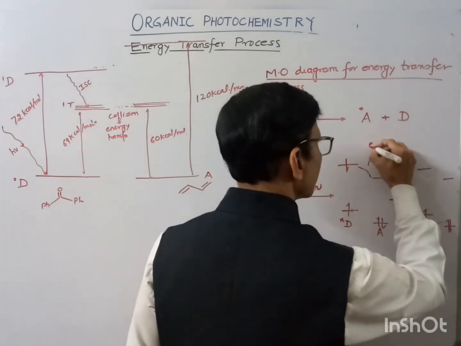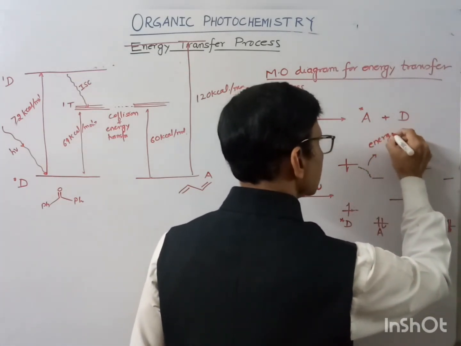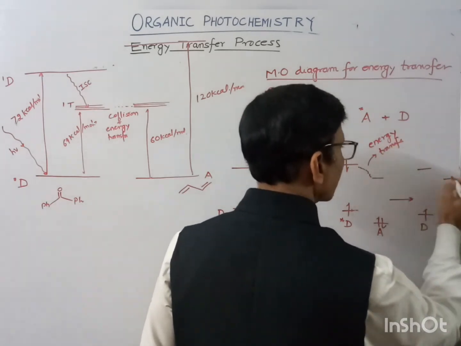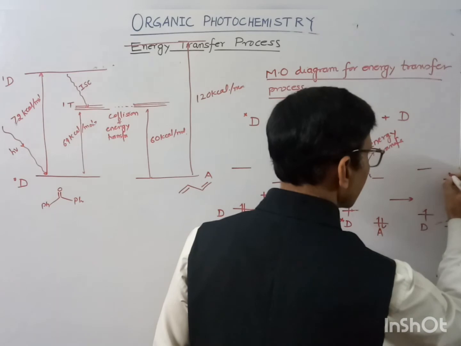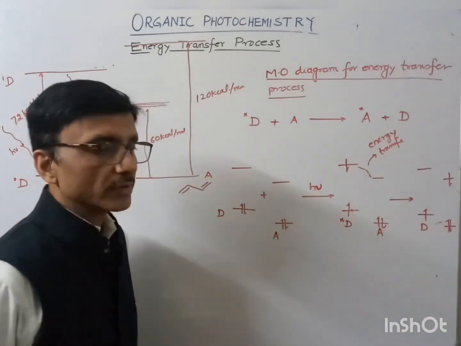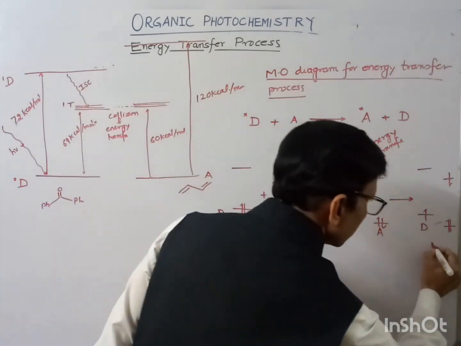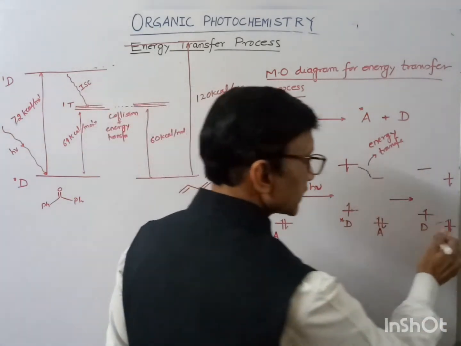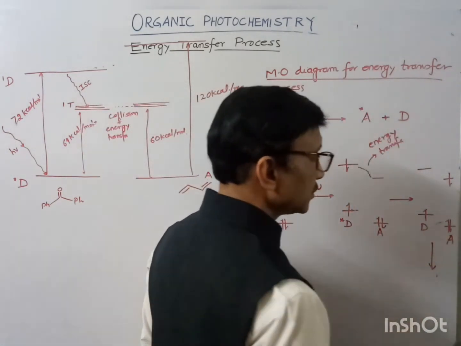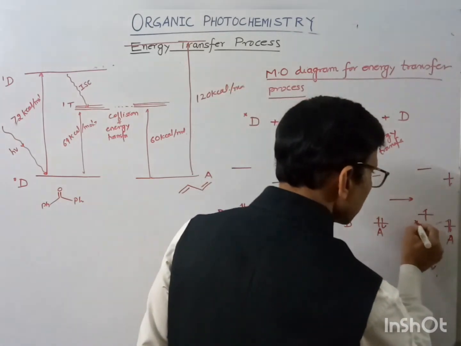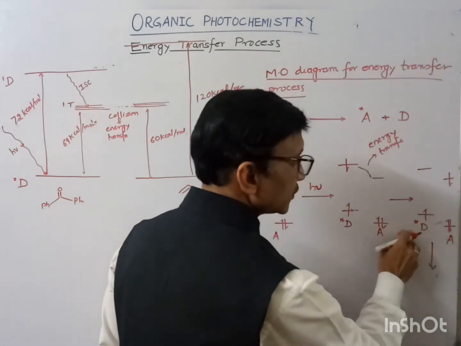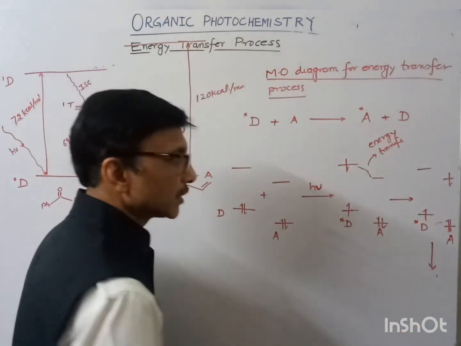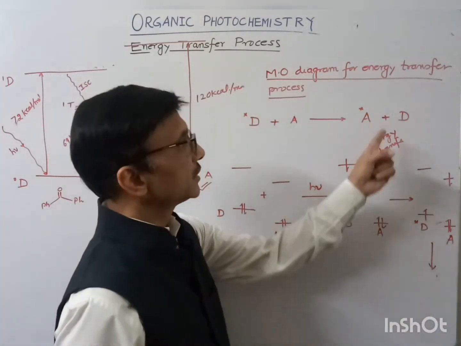This is the energy transfer that I have shown over here, and now the electron is coming over here. Finally, after transferring the energy, once the acceptor molecule has gained the energy, the excited donor, after transferring its energy to the acceptor molecule, will come into its ground state.